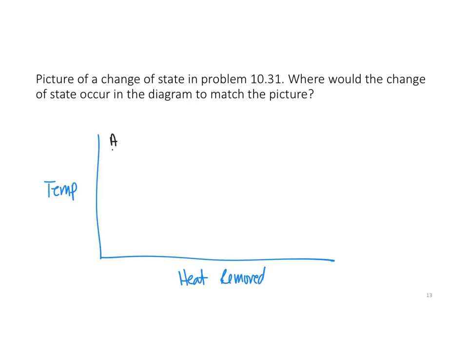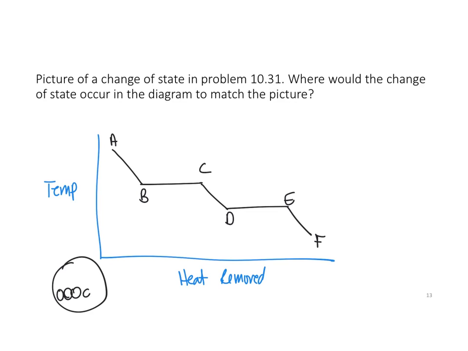So if we have A, and we go down, and we have B, and then C, D, E, and F. All right, so the picture change, and then they give you this picture here with these molecules. And then you have a few of them that are up here in the gas. So this is the gas phase, and this would be your liquid.